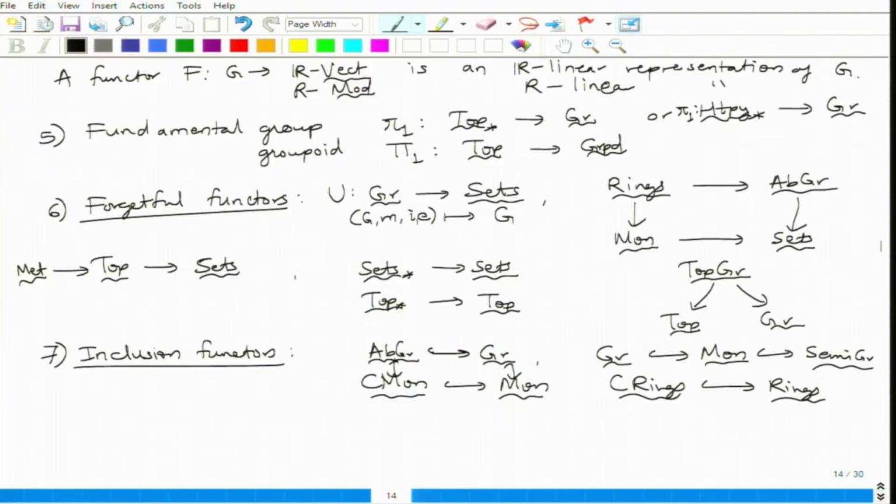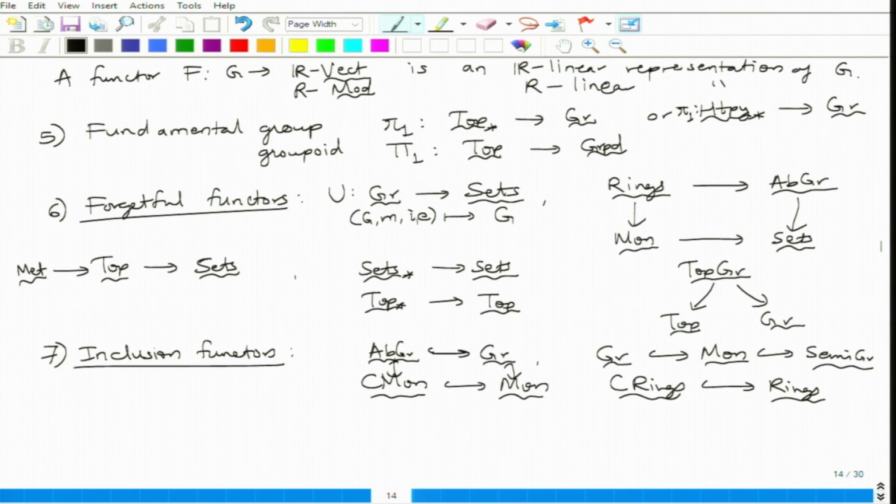Isn't the identity defined in the language of groups? It may be definable in the language of groups, but for topology, which language are we talking about? This is an inverse map, it's not the identity. If our language doesn't allow that, then we will treat it as a forgetful functor. Okay.